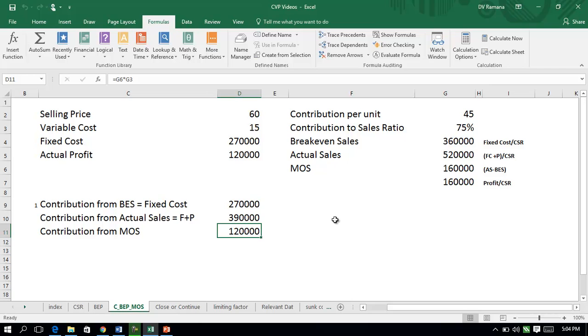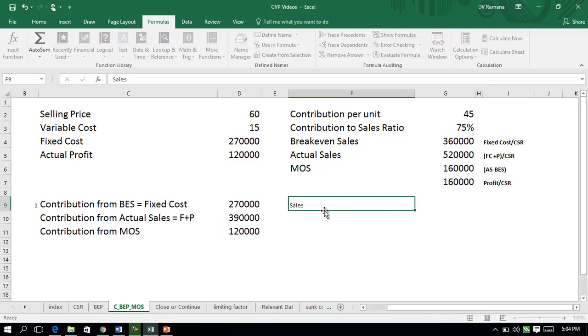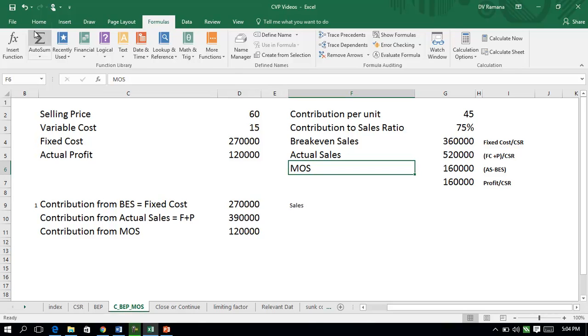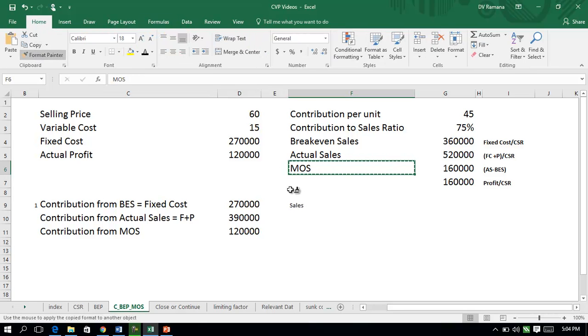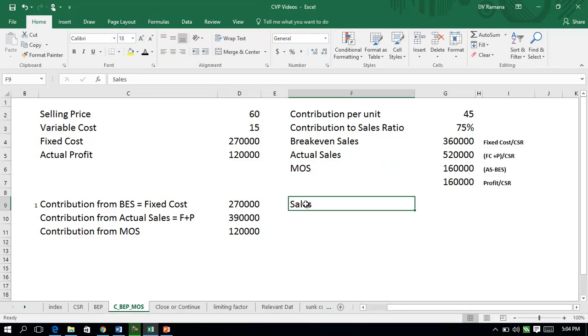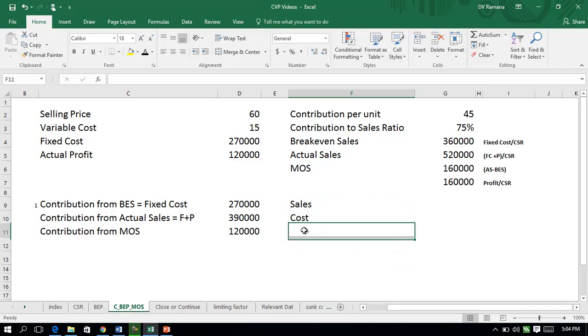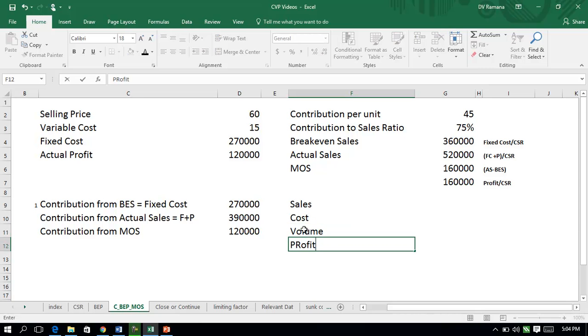The very purpose of this exercise is to show the interrelationship between sales, the variable cost, that is cost, then volume, and profit.